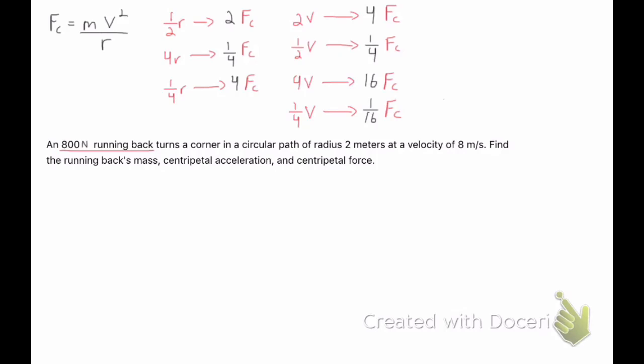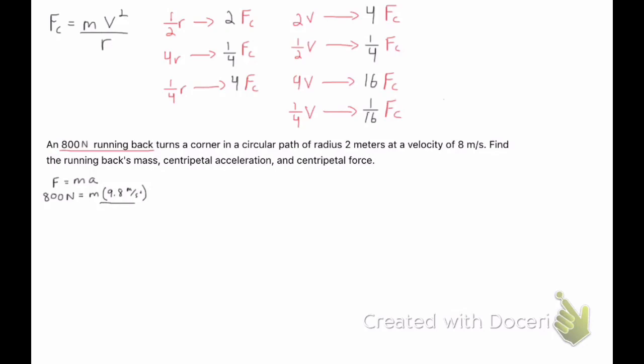What's his mass? Well, we know that force equals ma. And since 800 newtons is our force, we have 800 newtons equals m. What's our acceleration? Well, the acceleration due to gravity is, we could substitute 9.8 meters per second squared.